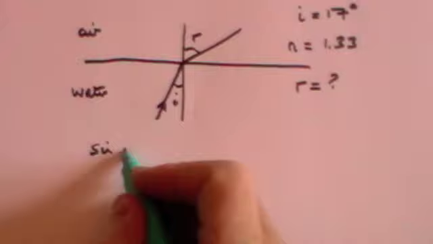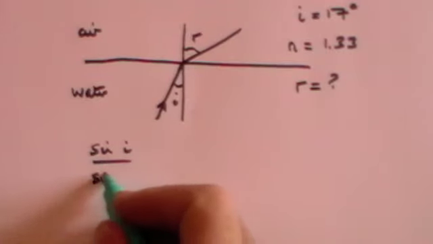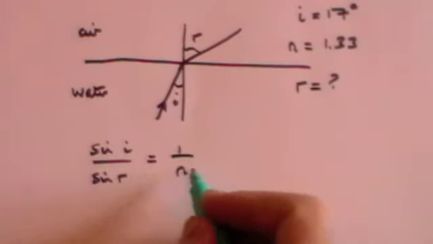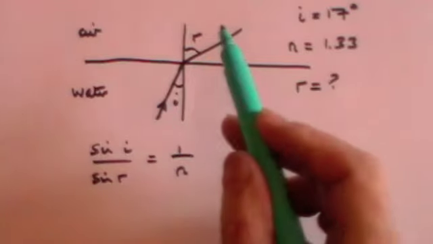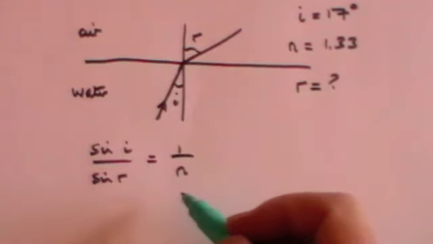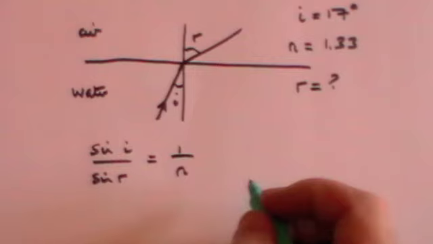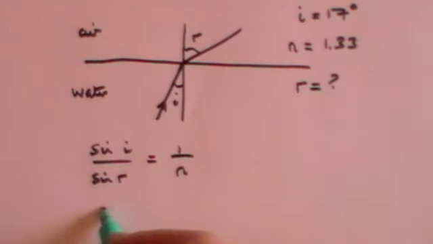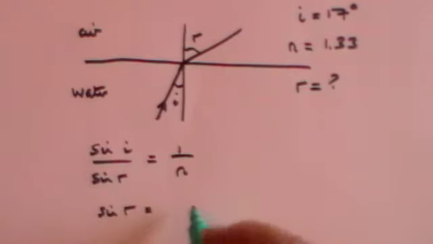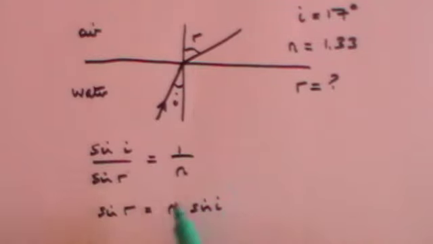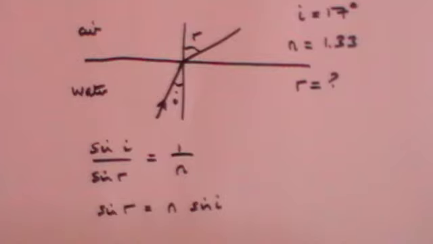So now it's a case of using the formula where sine I over sine R is equal to 1 over n, because we're going from more dense to less dense, so it's 1 over the refractive index, which means that sine R is equal to n times sine I, by just manipulating this formula here.